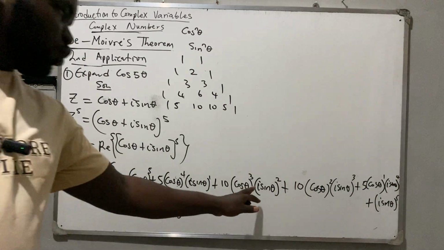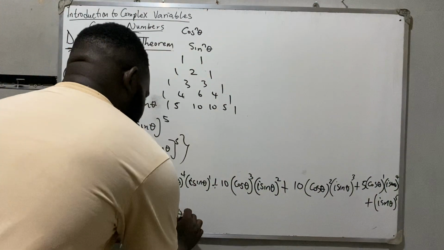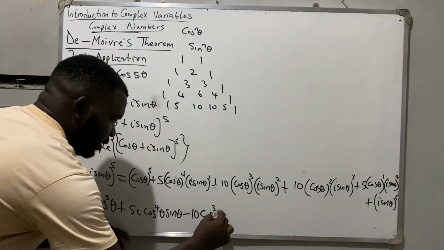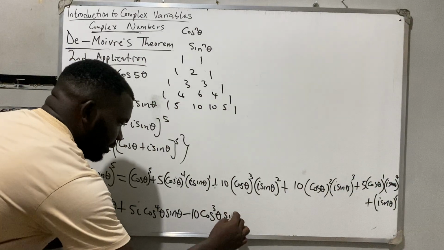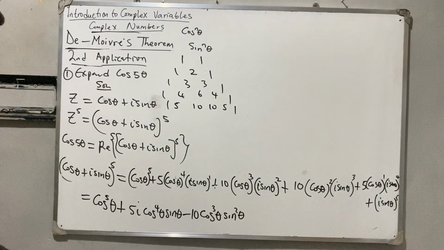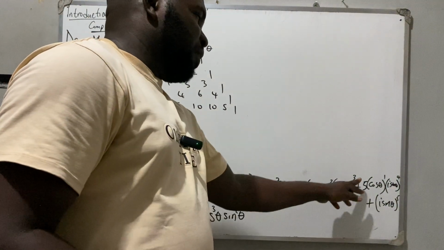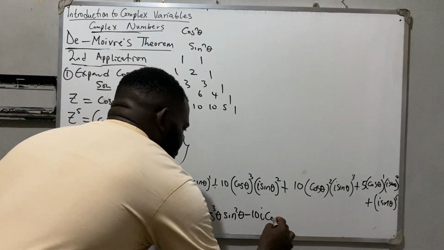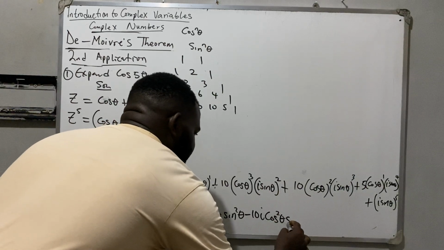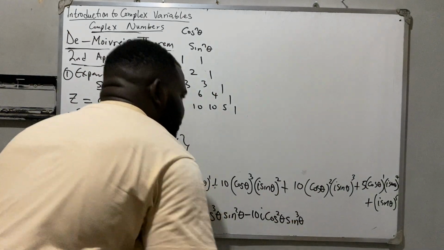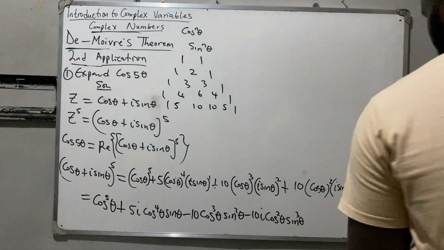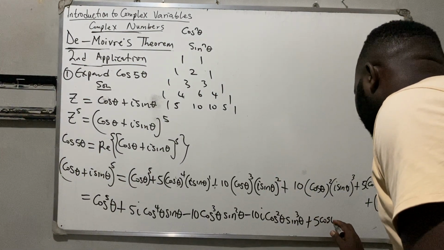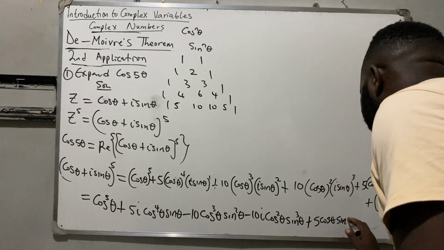Now i squared is minus 1, which makes this place minus 10 cos 3 theta sine 2 theta. Now i raised to power 3 is minus i, so this is minus 10i cos squared theta sine cube theta. i raised to power 4 is 1, so this is 5 cos theta sine 4 theta.